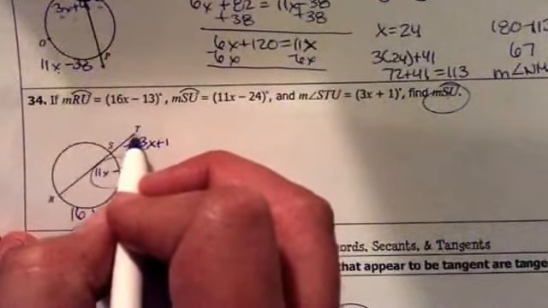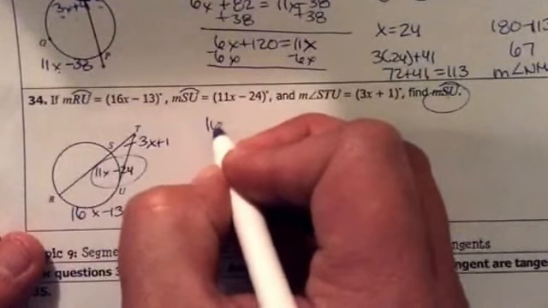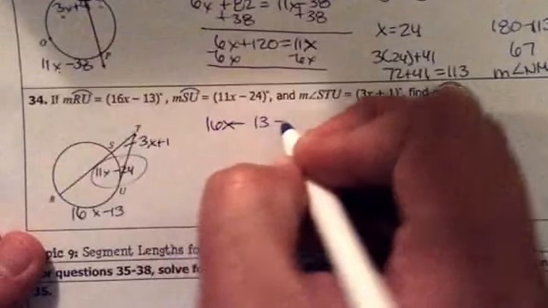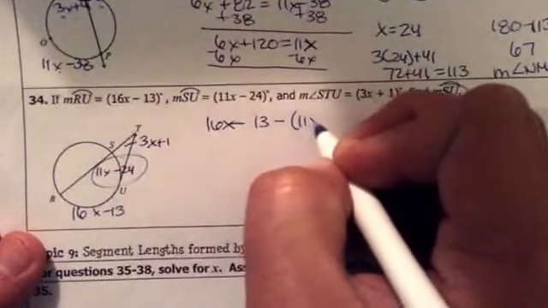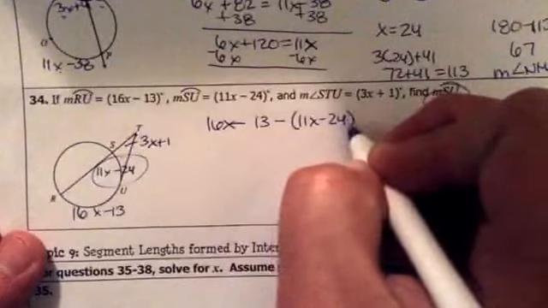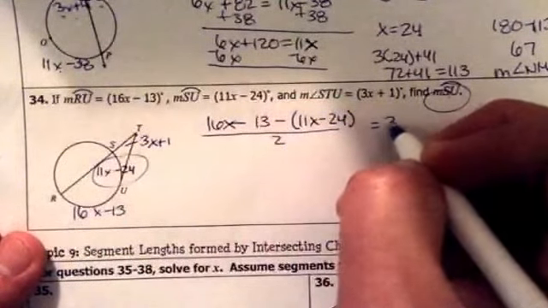But what we do know is that this intersection is happening outside, which means we need to subtract our large arc, take away our smaller arc. Make sure you put that smaller arc in parentheses there, you'll see why in a moment. Divided by 2 equals our angle.